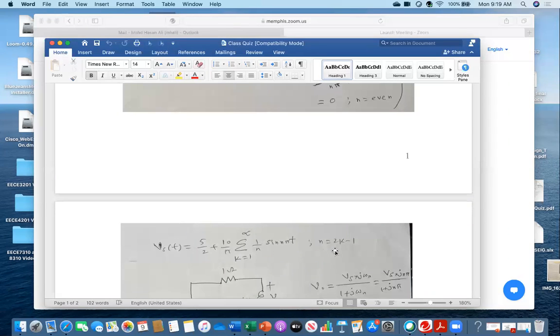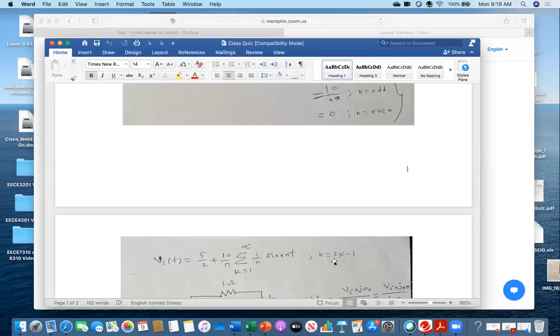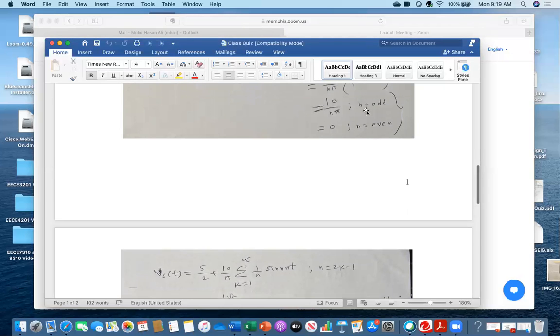Then if you write n equal to 2k minus 1, for example, k value is 1, so therefore your n value is 1, right? And if k value is 2, then your n value is 3. In that way, if k value is 3, then n value is 5, because only when n is odd, only then this is applicable.